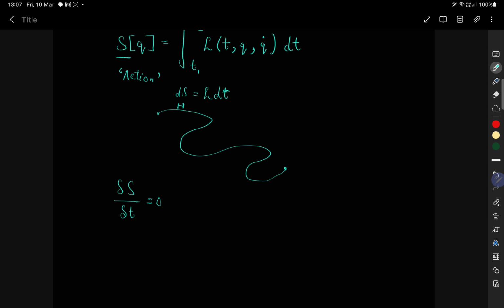Okay, so delta S by delta T has to be 0. This is Hamilton's principle. If I were to write it down more accurately, Hamilton's principle is actually from a given time t1 to t2, the variation in total kinetic energy minus the variation in total potential energy plus the variation in the external work done should be 0.